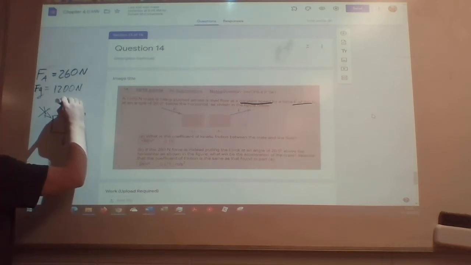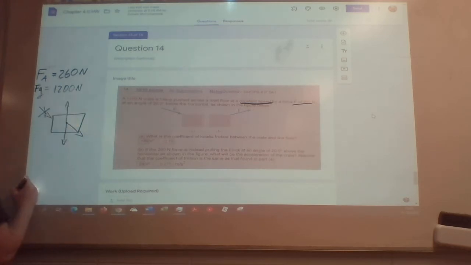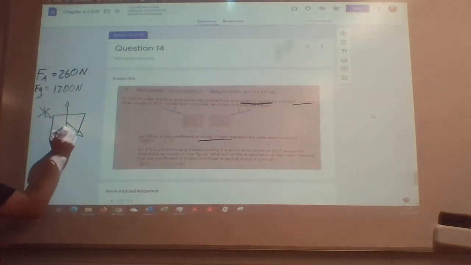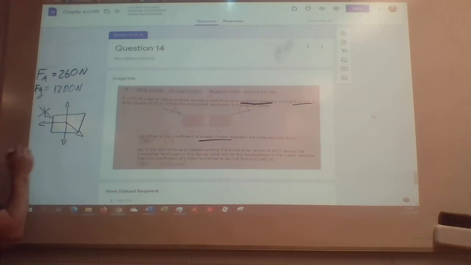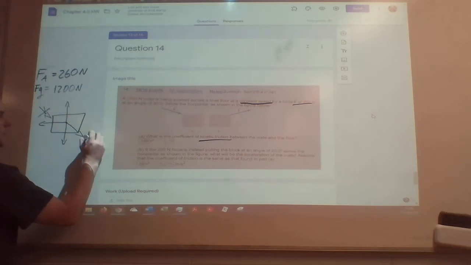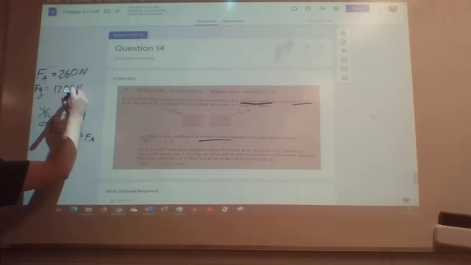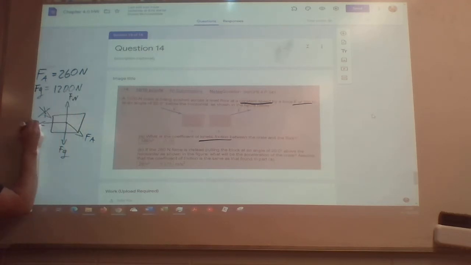We have to have a normal force acting up. And we're talking about friction, so there has to be friction. I should be labeling these. This is the applied force, this is the weight, this is the normal force, and this is the force of friction.